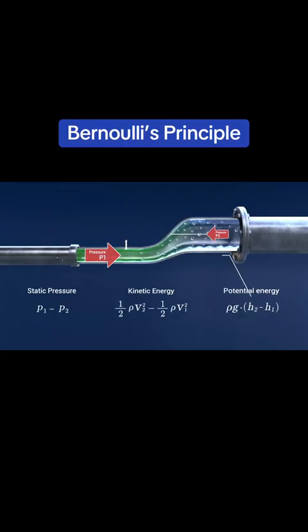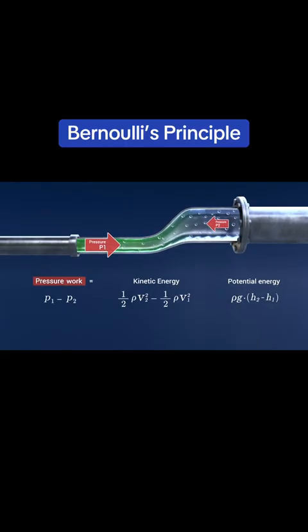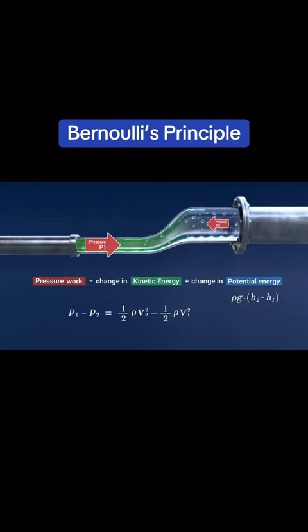Now we apply the energy balance. Pressure work equals change in kinetic energy plus change in potential energy. So P1 minus P2 equals half rho V2 squared minus a half rho V1 squared plus rho g multiplied by the difference between h2 and h1.